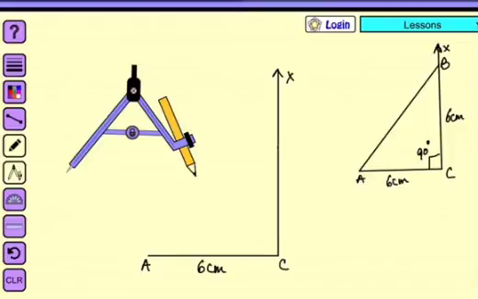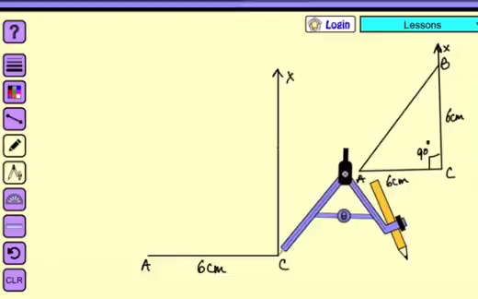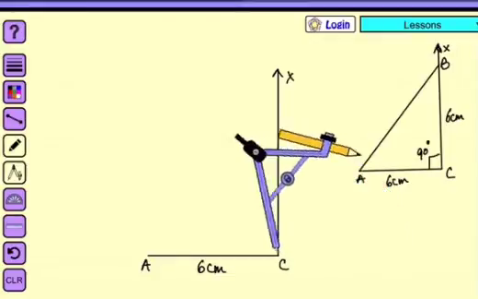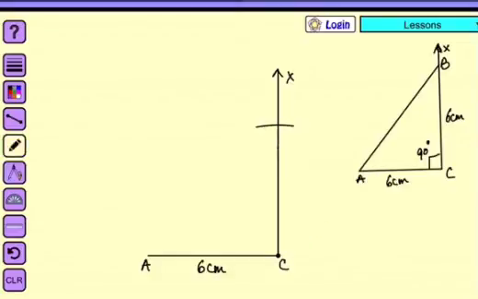Then we'll keep the pointed edge at C. Then try to mark an arc at B, that would be labeled as B. So this is 6 centimeters.